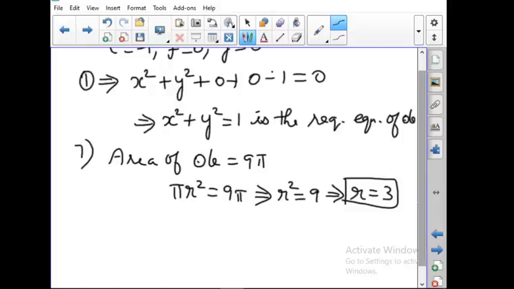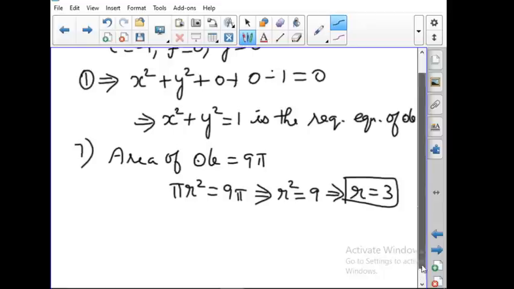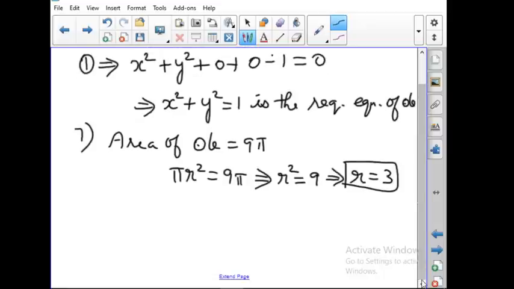And then it has two of its diameters along the lines x plus y equal to 5, x minus y equal to 1. So the diameters of the circle lines are given. When we find the intersection of these two lines, we will get the center of the circle.